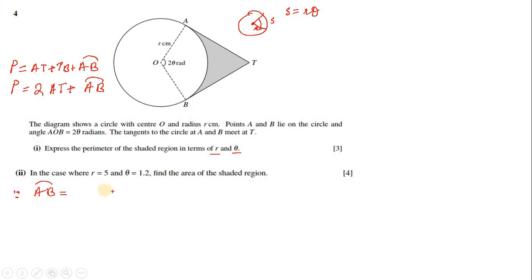So arc length AB would be equal to the angle, and the angle is given as 2 theta, so 2 theta into the radius, and radius is r. So that means arc length AB is 2r theta.